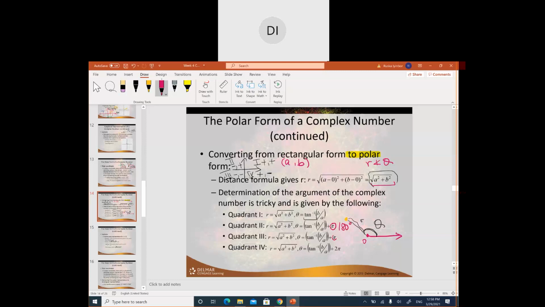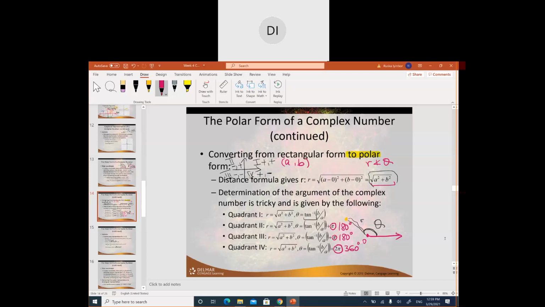This is the same 180 degrees. And 2 pi is going to be 360 degrees. So we're not using radians, we're going to use degrees. And the calculator is going to give you the answer. So we're going to look at an example. We're going to practice this, okay?